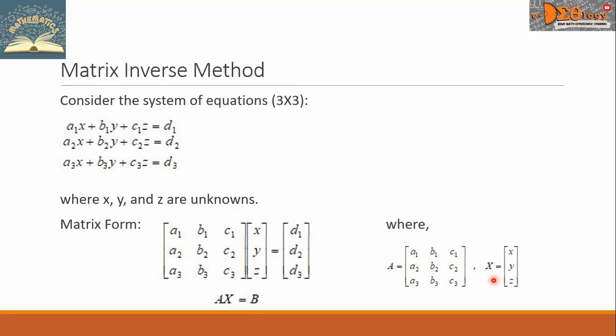The matrix X is a 3 by 1 matrix that corresponds to the variables x, y, and z. Matrix B is a 3 by 1 matrix that corresponds to the constants on the right side of the equations. So we have here d sub 1, d sub 2, d sub 3.